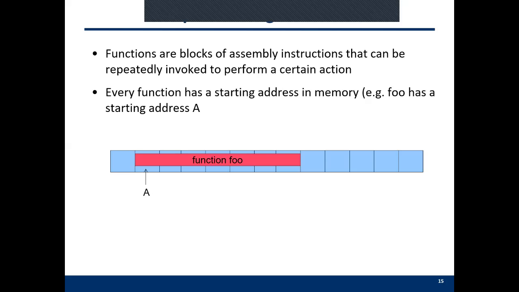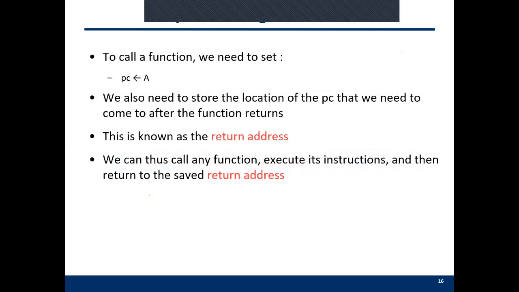This is the starting address of the function foo. The address is A. By calling a function, we need to assign the starting address to the program counter. The PC indicates the program counter. In that way, the next instruction will start from that particular function, which starts from A.